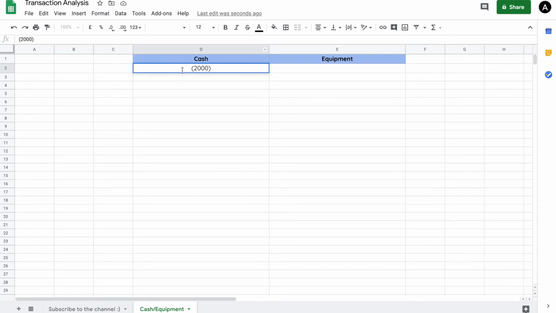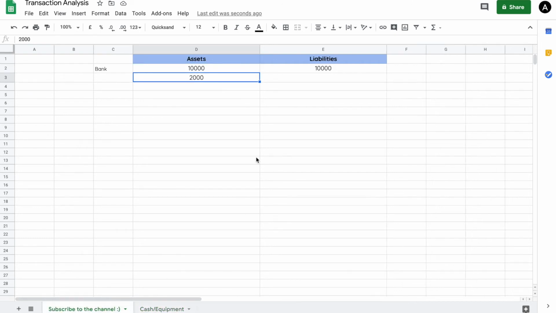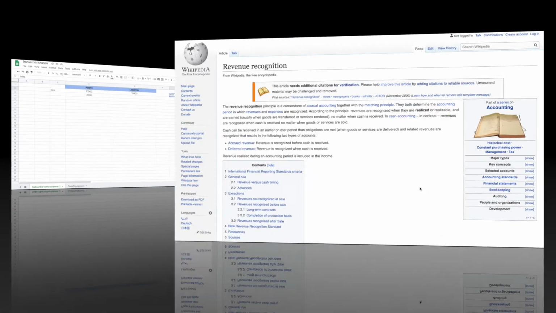I'm going to put the negative in brackets here. But by spending that 2,000, we've not lost the money; we've gained the same amount under the equipment column. So 2,000 has been subtracted, and in equipment we have gained 2,000, which means our cash balance here is 8,000.